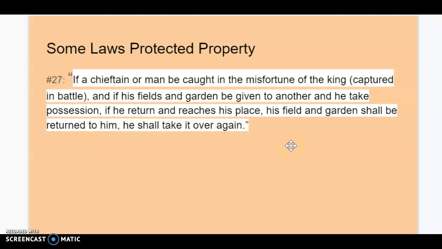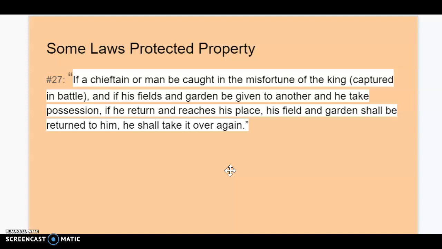This is an insurance policy 3,800 years ago. And you had better believe it's because you are in the service of the king. You're fighting a battle for the king. You're doing your civic duty. You're putting your life on the line. If you are captured and later on you return, and they have given your home and your property to someone else, you will get that property back. It doesn't say if you were enslaved because you owed a debt, you would get it back later.